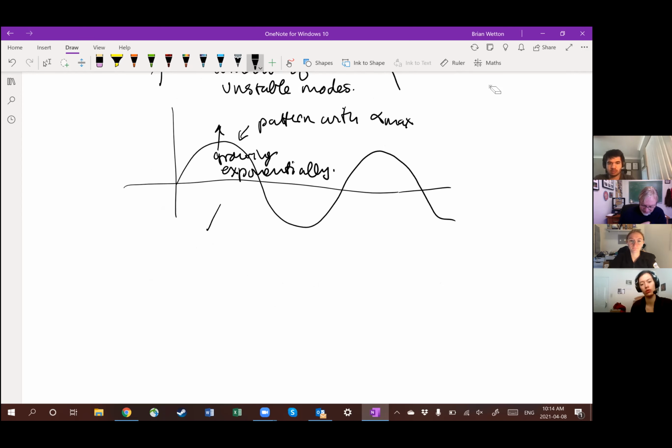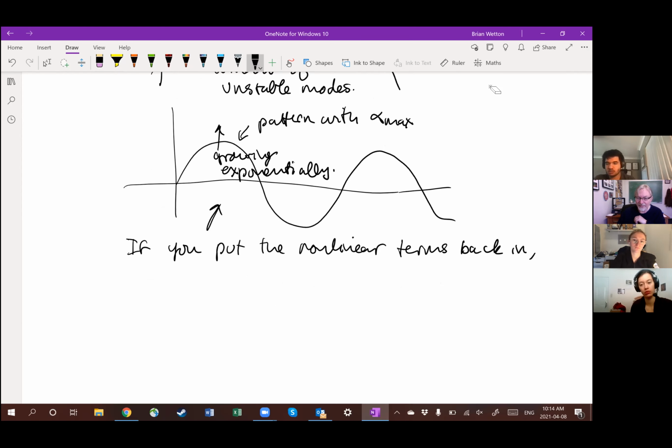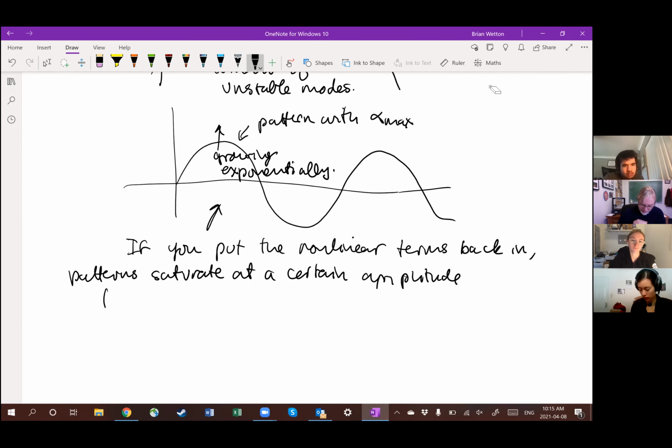So remember, this is for the linear version of the problem. And so if you put the nonlinear terms back in, then you can get patterns that saturate at a certain amplitude. Think of the logistic equation.